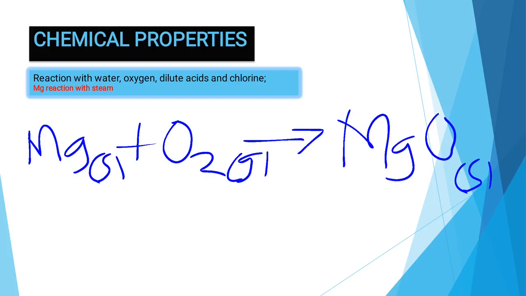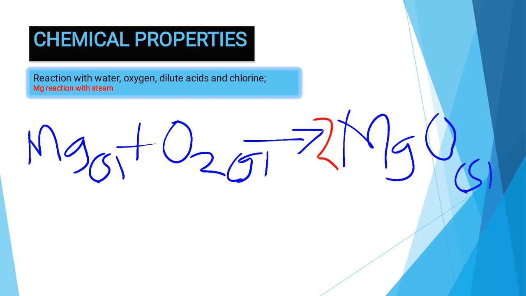We have to write that equation and check whether it's balanced. We have one magnesium atom on the reactant side and one on the product side. We have 2 oxygen on the reactant side, and on the product side we only have 1 oxygen. So we need to balance that by having a 2 here.